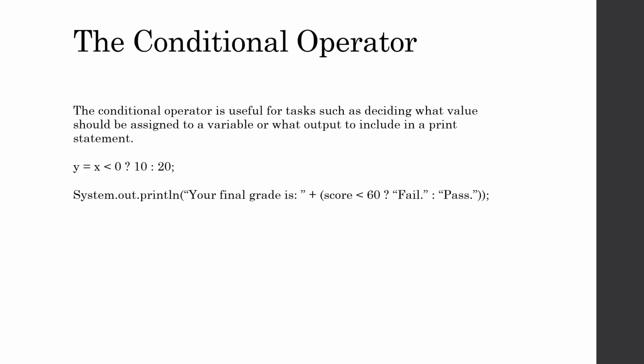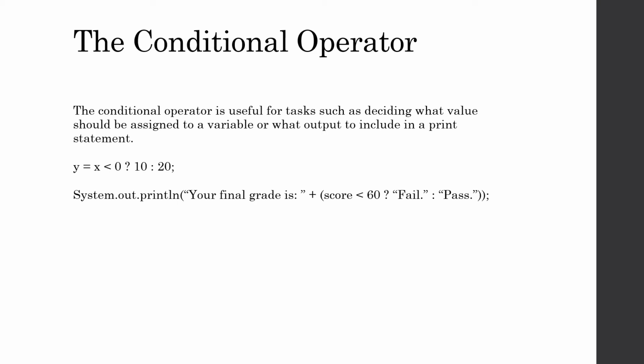So the conditional operator is pretty useful for tasks such as deciding what value we should assign to a variable or what output to include in a print statement. So in this case, we've got a couple of examples here. For this first one, we're saying that we want to check to see if we should assign either 10 or 20 to the variable y based on this condition if x is less than 0.